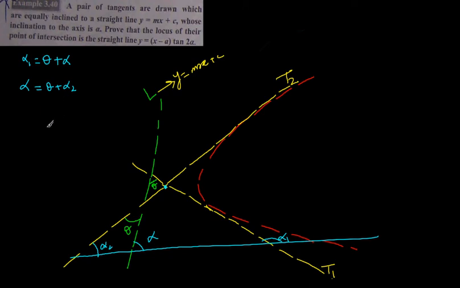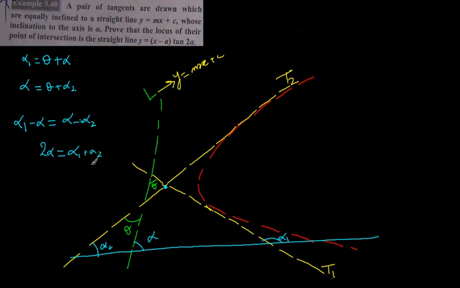Alpha 1 minus alpha will be equal to alpha minus alpha 2. Take alpha 2 this side, you will get 2 alpha equal to alpha 1 plus alpha 2.